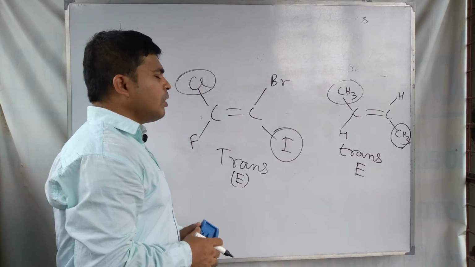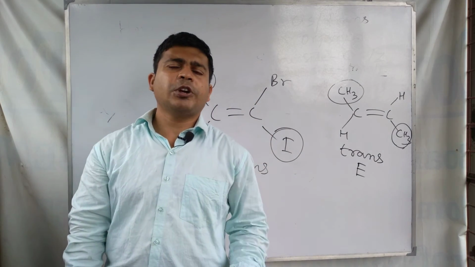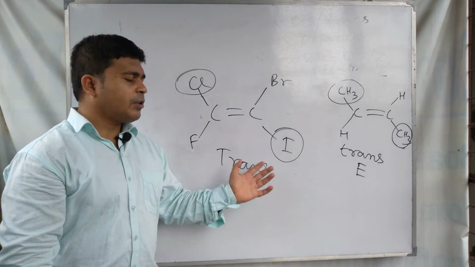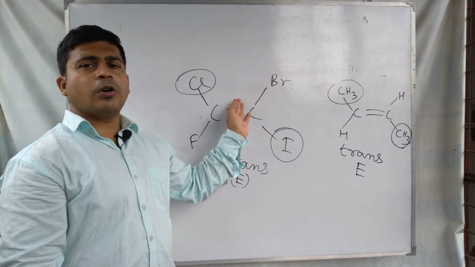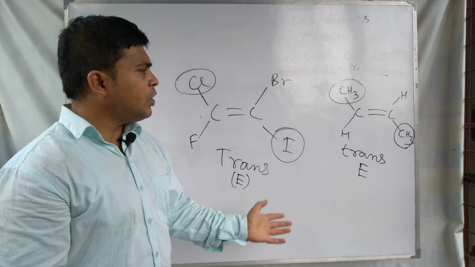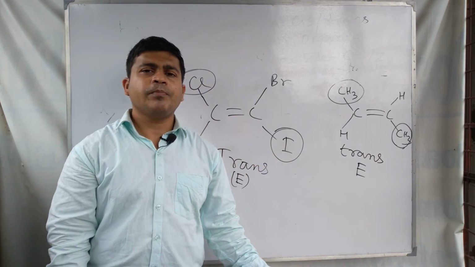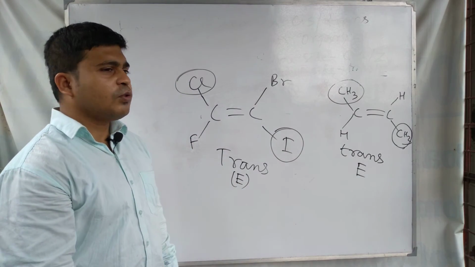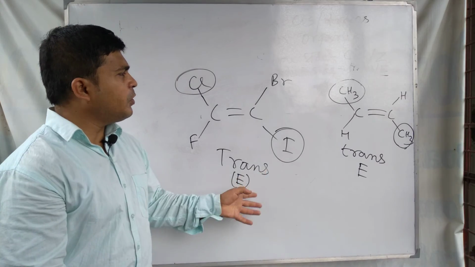So in this way, if higher priority groups are in opposite directions, we call the isomer the trans isomer, and if higher priority groups are on the same side of the double bond, we call the isomer the cis isomer. Similarly, you can find cis and trans geometrical isomers by following this rule.